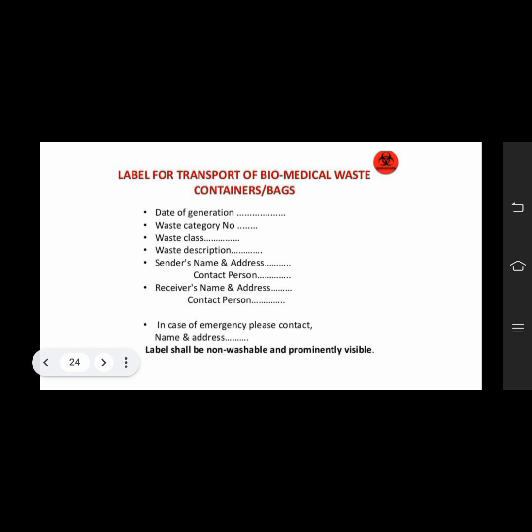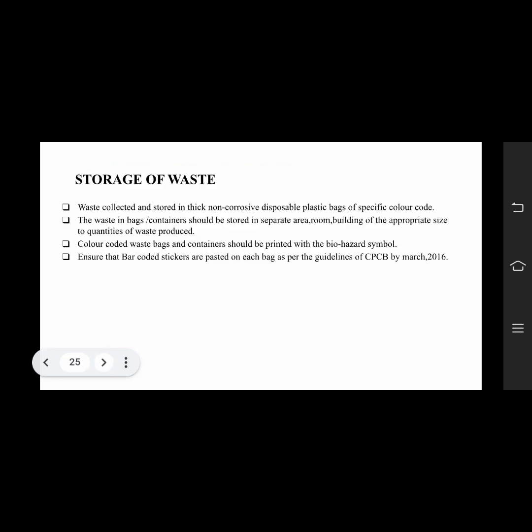Then after this labeling has been done, it should be stored properly, not more than 48 hours in the storage phase, in plastic or different color-coded bins.